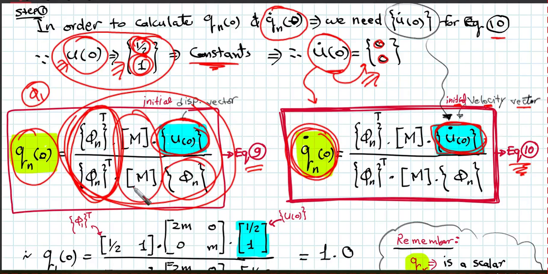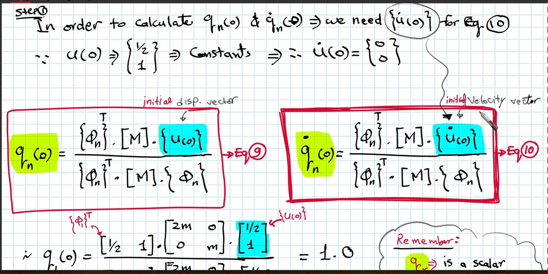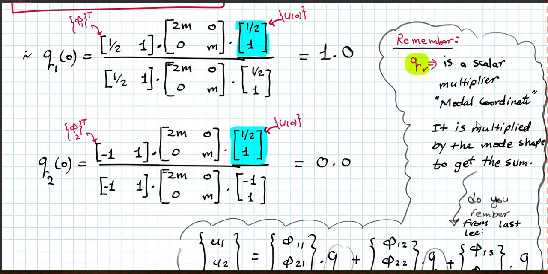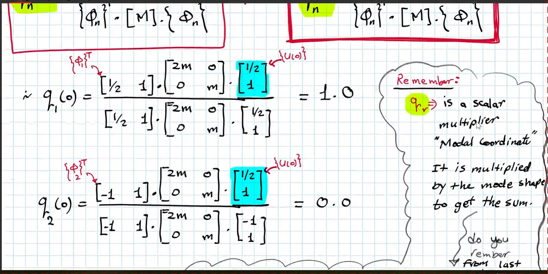So now everything is known here, okay? The numerator and denominator, then we can get qn node. In a similar fashion, we can obtain q dot n initial, or node, at t equal to 0. Everything is known regarding the mode shape and the mass matrix, and at the same time we have u dot node, which is 0. Okay, a vector of 0, the initial velocity vector, right? Let's clean here and let's move on to see what is next.